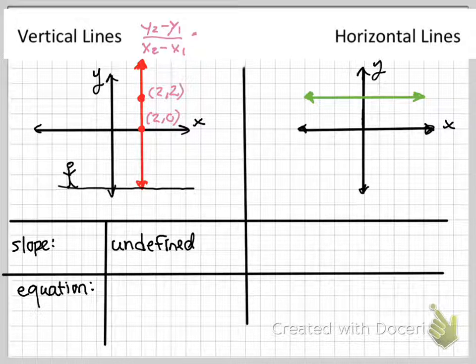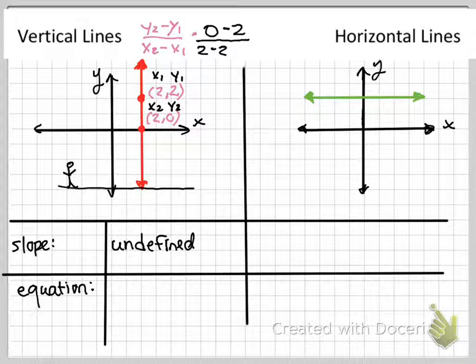So we need to go through and label these. It doesn't matter which one you call 1 or 2. So I'll just call the top point 1 and the second point 2. So that means I'm going to have 0 minus 2 divided by 2 minus 2.